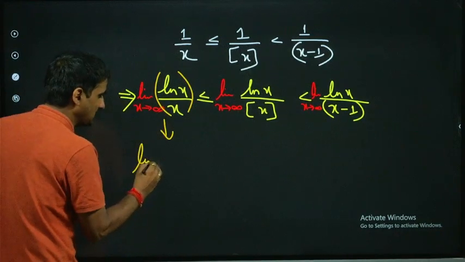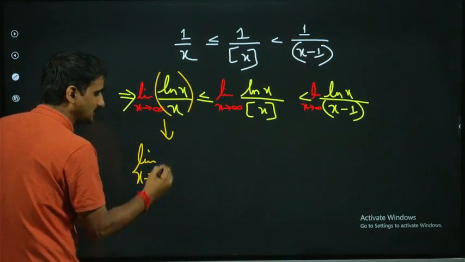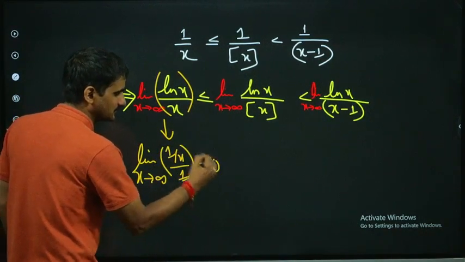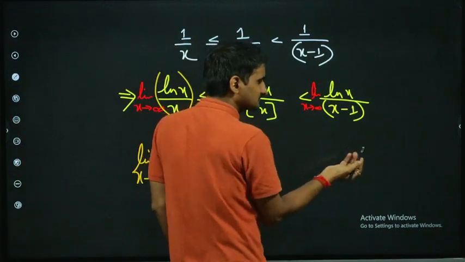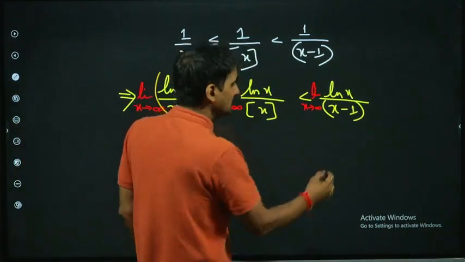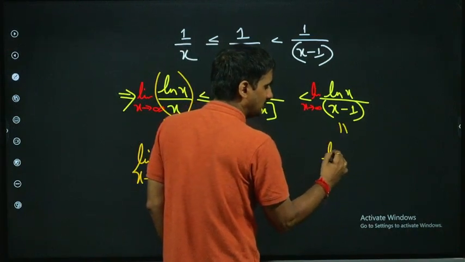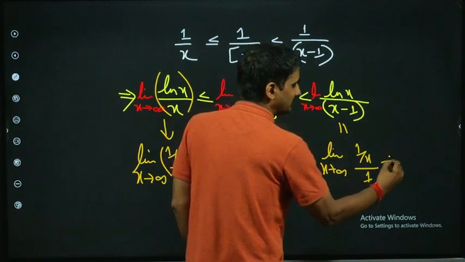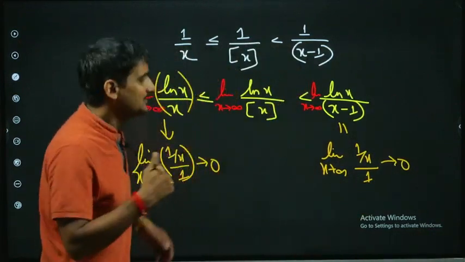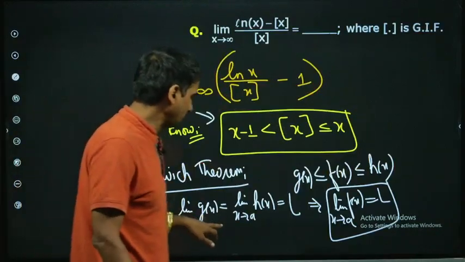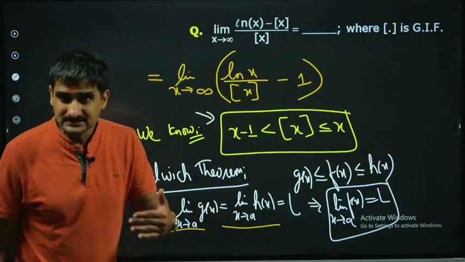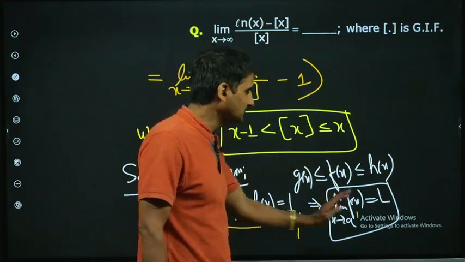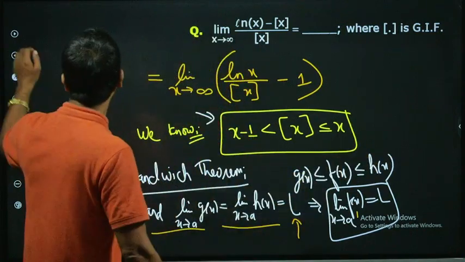So let's apply it. Differentiating the numerator, you get 1 by x upon 1, and as x approaches infinity, that goes to 0. Here again, it's the infinity by infinity form, so again let's apply L'Hospital's rule. It's again 1 by x upon 1, so that again goes to 0. As I said, according to the Sandwich theorem, if both the extreme functions as x approaches a approach the same limit, then the function lying between these two will also approach the same limit.